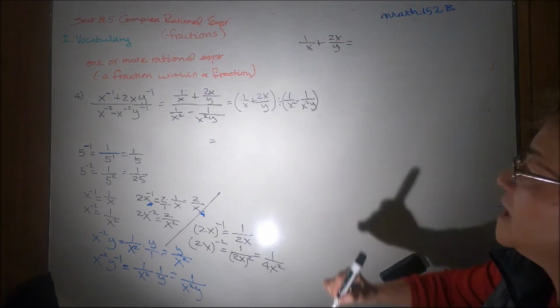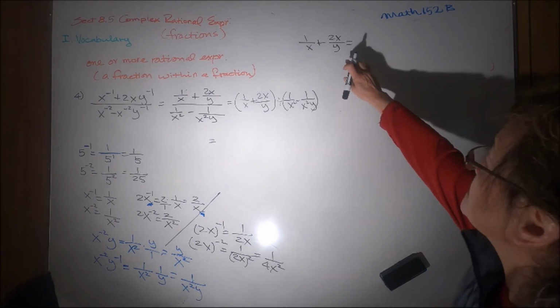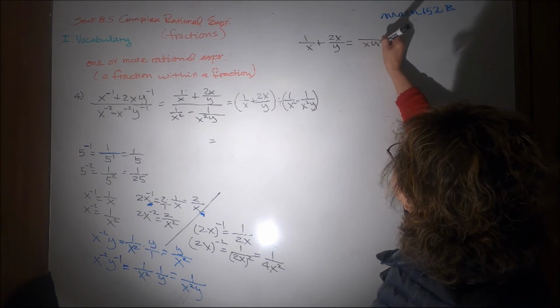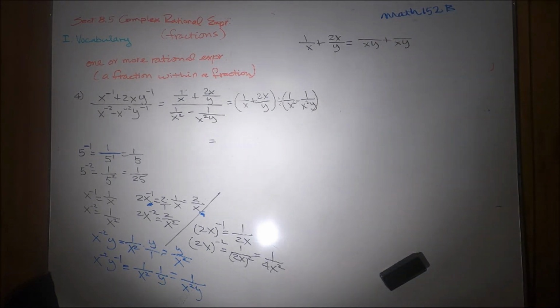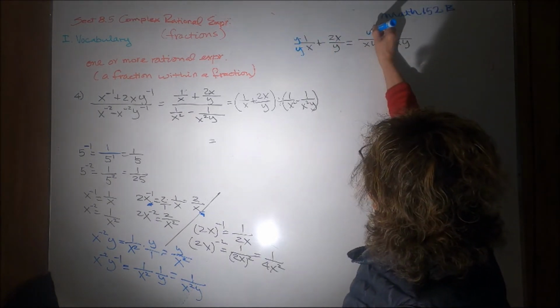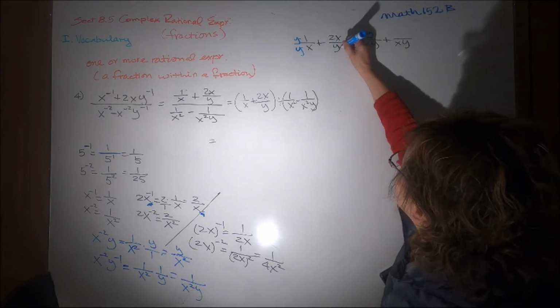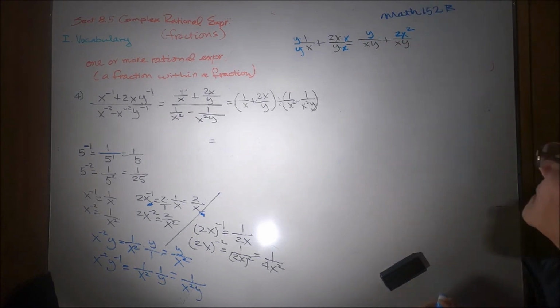For adding them together, we need to do what? Finding the LCD, right? What's the LCD for this one? Should be xy, right? And for this one, we need to multiply by y, that would be y. For this one, we need to multiply by x, that should be 2x squared, right?